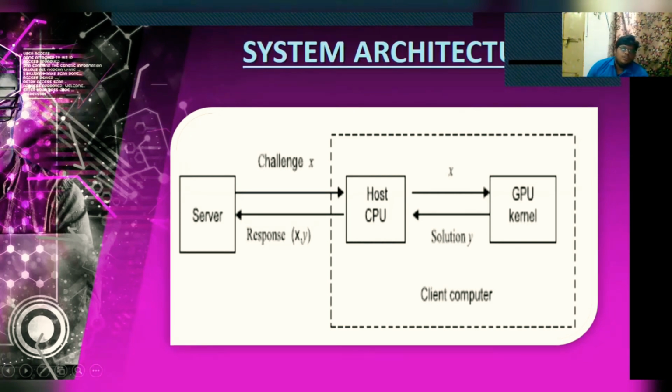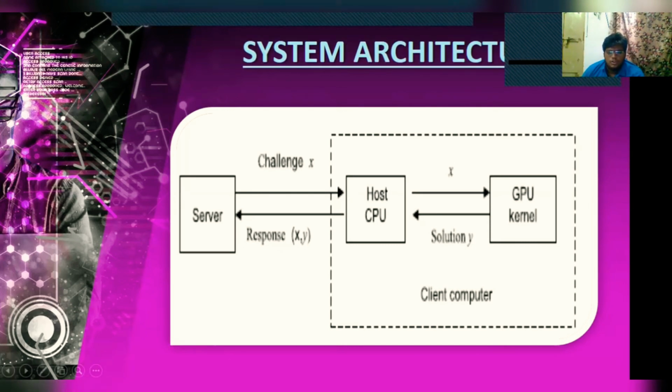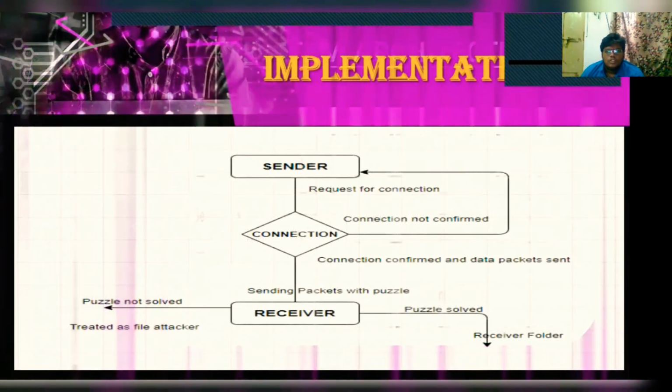The client CPU sends that challenge X to the GPU kernel, which solves the software puzzle. The solution Y from the GPU kernel is forwarded to the host CPU. Then the CPU forwards the response XY, where X is the puzzle and Y is the solution of the puzzle, to the server. Followed by implementation.